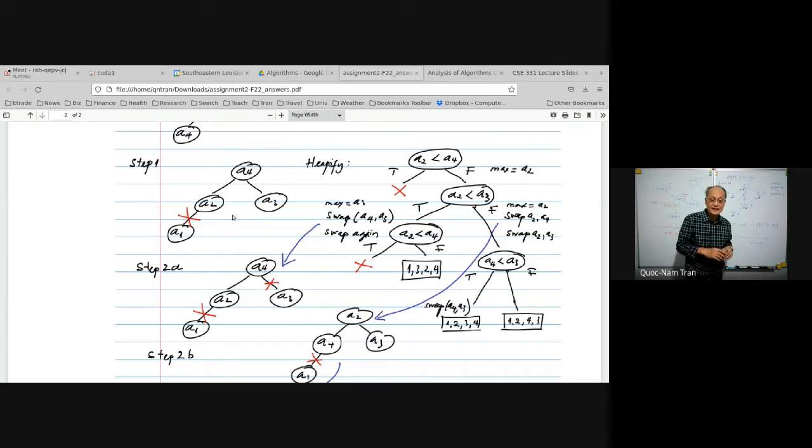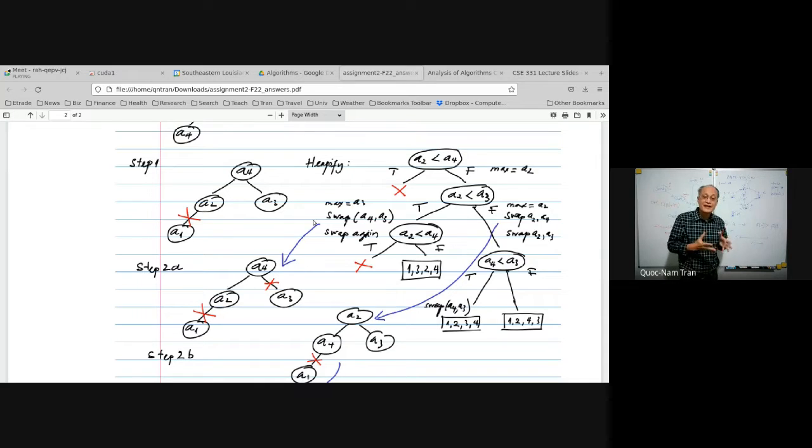So if A2 is less than A3, meaning the condition is true, then you see here A3 is the max value, right? So we swap A3 and A4. And now the next thing would be swapping the root with the second-to-last value, meaning we swap it back again, right? So we have A4 and A2, right?